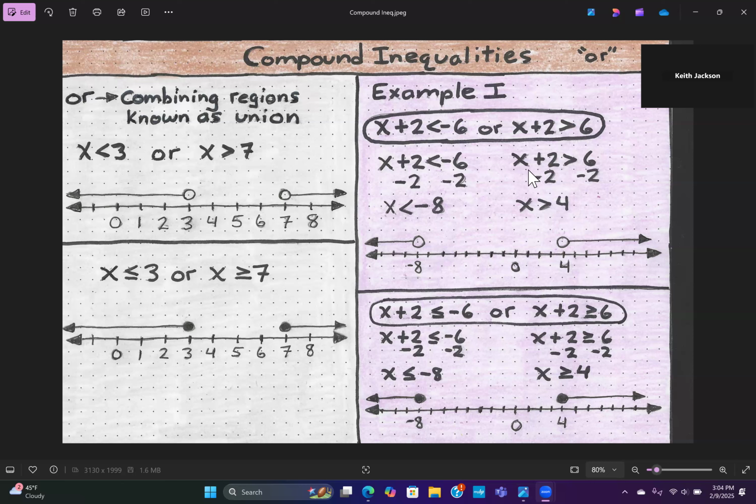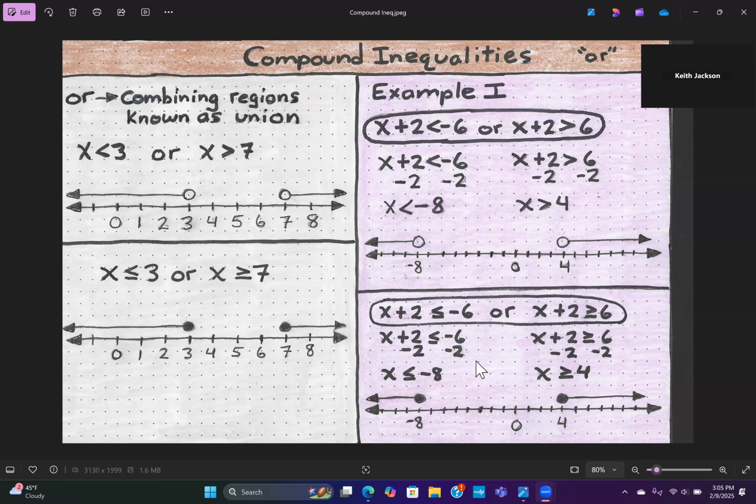Now let's go over to this side in which we have x plus 2 is greater than 6. Again, subtracting 2 from both sides of this inequality, showing us that x is greater than 4. We're going to draw an open circle above the 4, drawing the arrow headed for the right of 4, knowing that x can be greater than 4, but it cannot be 4, as indicated by the open circle.